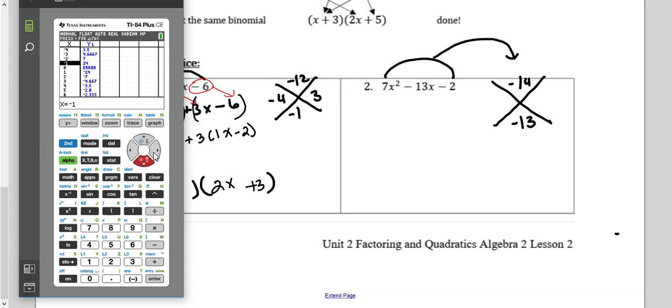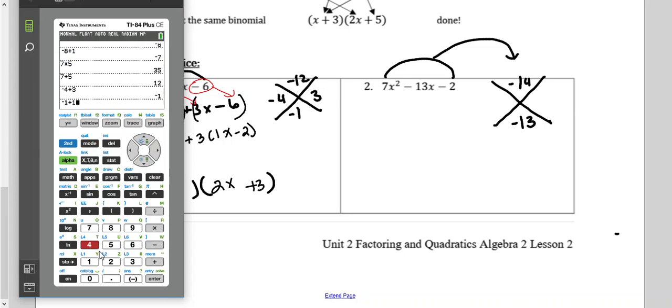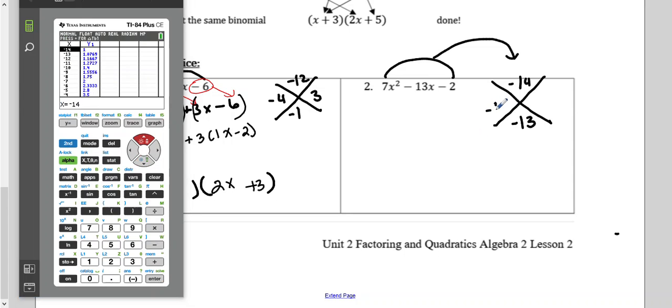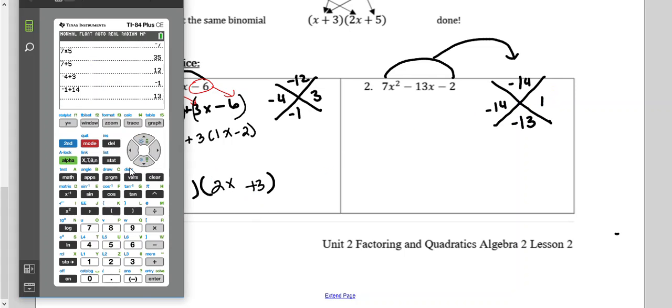Negative 1 plus 14 is positive 13. But I want negative 13, which means that if you just switch the signs, negative 14 and 1. Negative 14 plus 1, I get my negative 13. You have to be careful for the signs.